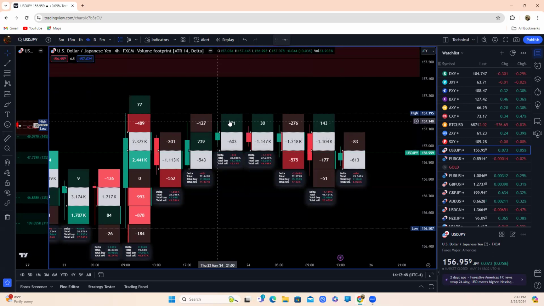Now we see where the market pushed up a little bit past that level, and it went back and forth. But now the market has kind of settled on negative delta at this price level. So there's a lot more selling going on at this price level now than buying.